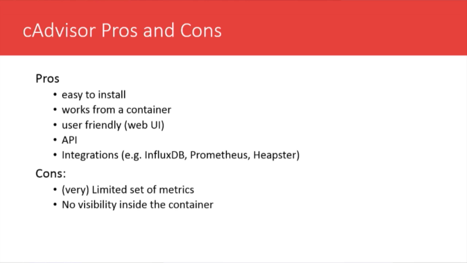The nice thing about cAdvisor is it supports an API, a bit like Docker stats, and it already supports some integrations. I'm listing two or three that are the main ones, but essentially there's an API that can be consumed and then can be pumped to your monitoring backend, InfluxDB, Prometheus, Hipster, and so on.